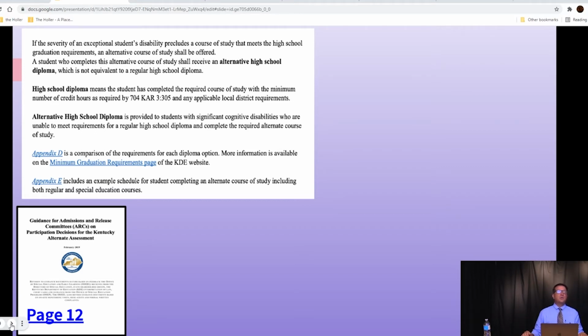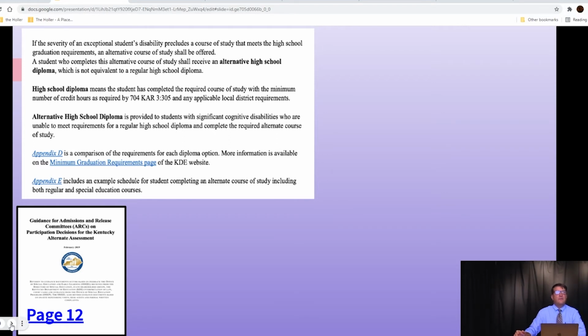And the high school diploma means that the student has completed the required course of study with a minimum number of credit hours as required by 704 KAR and any other additional applicable local district requirements. An alternative high school diploma is provided to students with significant cognitive disabilities who are unable to meet requirements for a regular high school diploma and complete the required course of study.